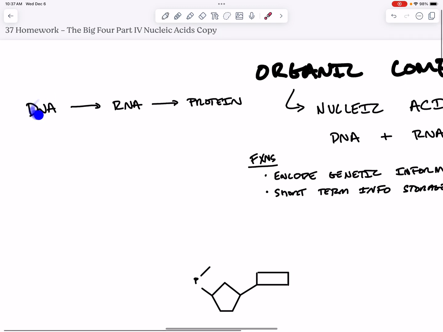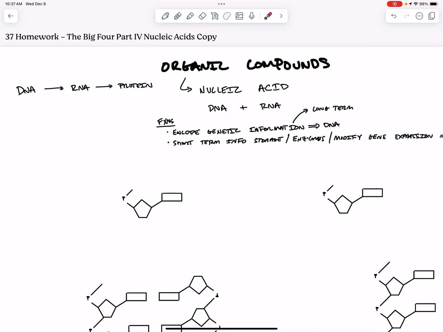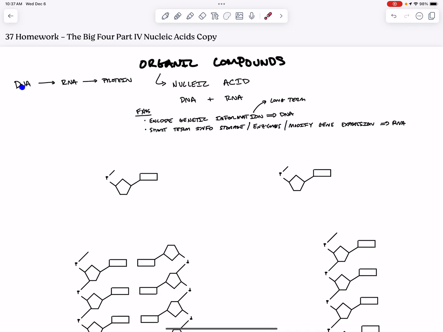So the DNA is the long-term storage molecule, and the RNA is the intermediary between the DNA and the protein, which is actually doing the business of living, catalyzing reactions and allowing things to happen in your body that wouldn't be possible otherwise. Okay, so DNA long-term, RNA more short-term, both involved in information storage and regulation.